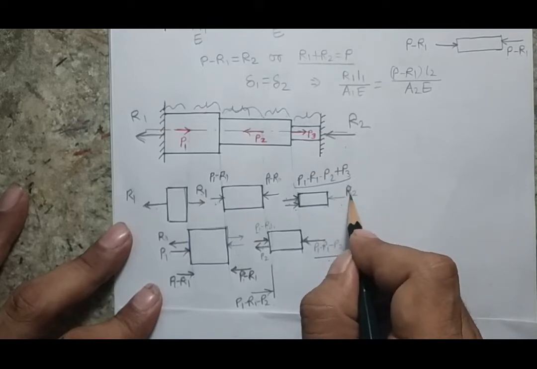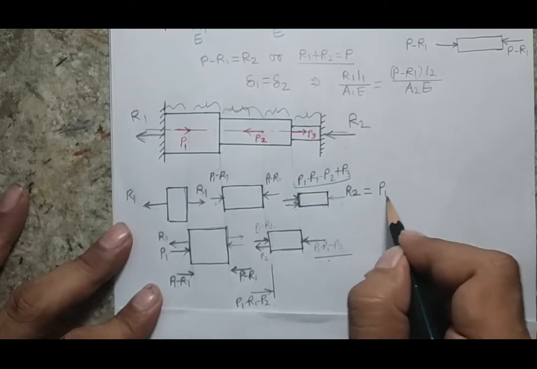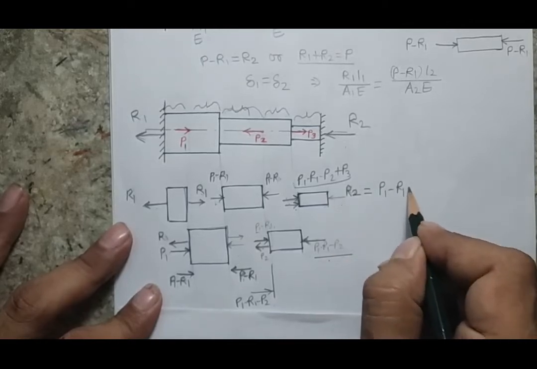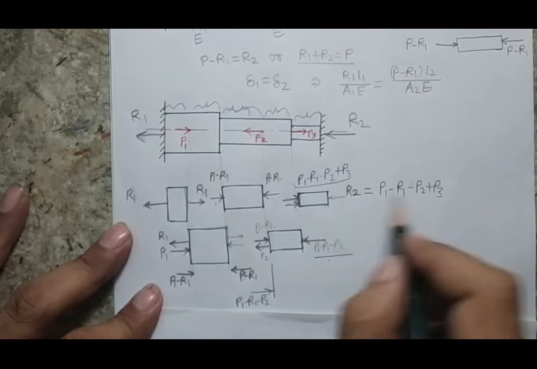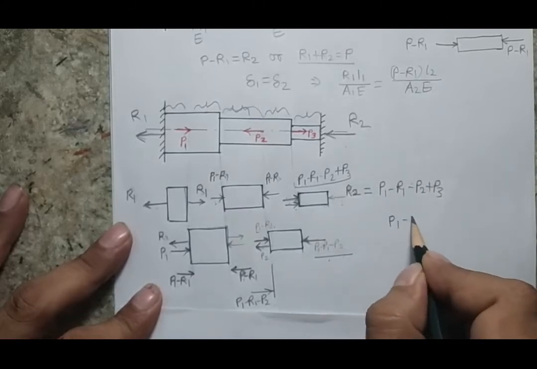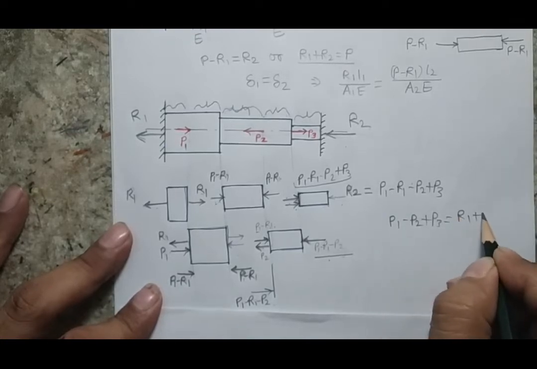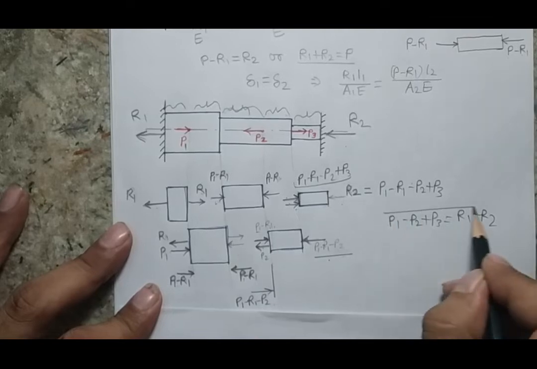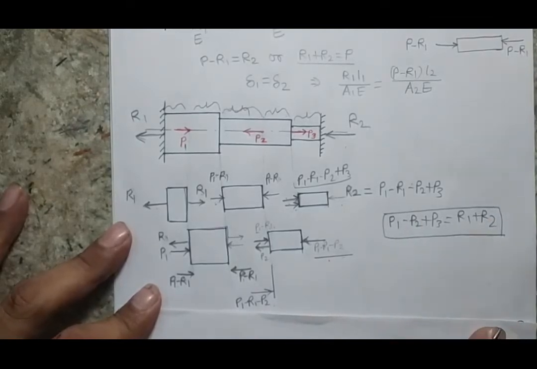I have already assumed that the other side reaction will be R2, so R2 will be nothing but P1 minus R1 minus P2 plus P3. If I rearrange this term, P1 minus P2 plus P3 is going to be balanced by R1 plus R2. So this is the equation which I get by using the free body diagram.